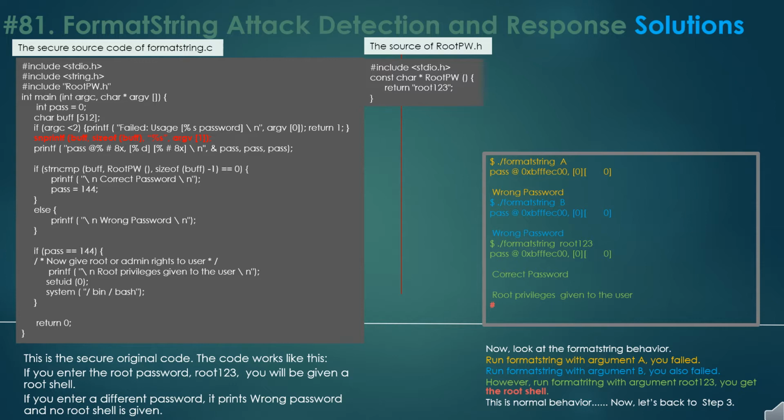Format string with argument A: you failed. Format string with argument B: you also failed. However, format string with argument root123, you get the root shell. This is normal behavior. Now, let's go back to step 3.